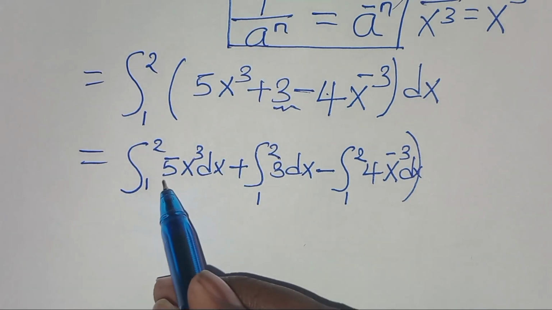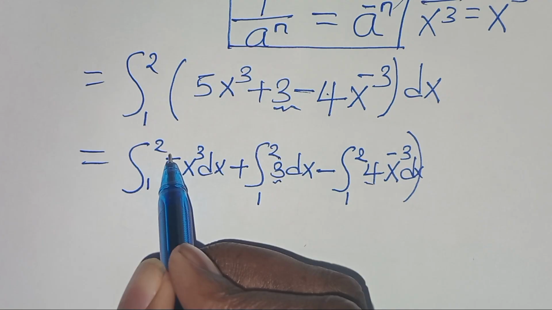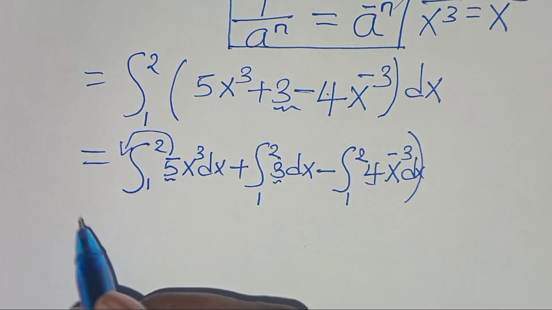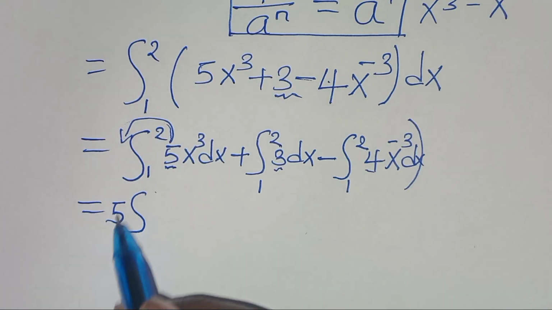Now, as you can see here, we have constant values. We can shift this constant value here. Since 5 is a constant term, we can shift this 5 up to here.